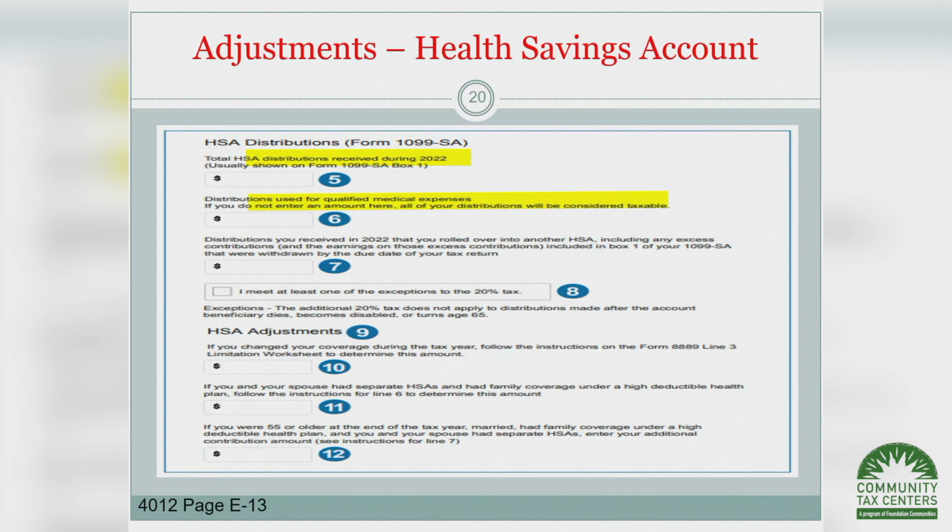Because people started contributing towards HSAs to be in a lower tax bracket, and then later on, they would pull that money for a big purchase that was not a qualifying expense. And so the IRS was like, okay, we need to stop this. And that's the same way that they penalize IRA. Okay, good question.